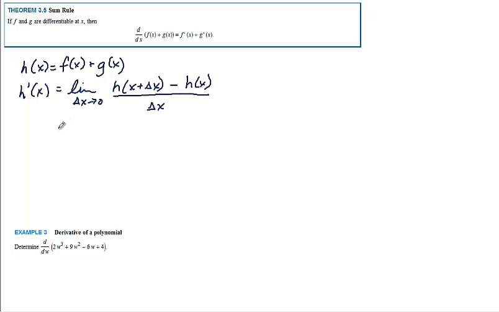So this is going to be the limit as delta x goes to 0 of, and h of x happens to be f of x plus g of x, and I can then replace, because this is just the sum of two functions, so I'll write f of x plus delta x, and then plus g of x plus delta x.